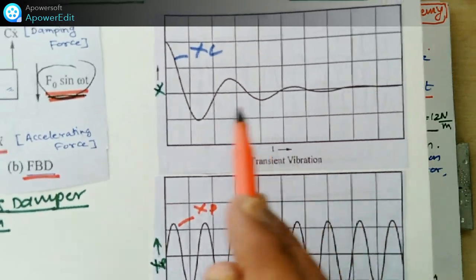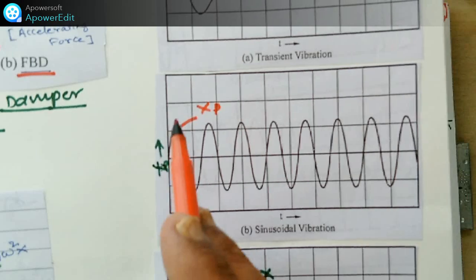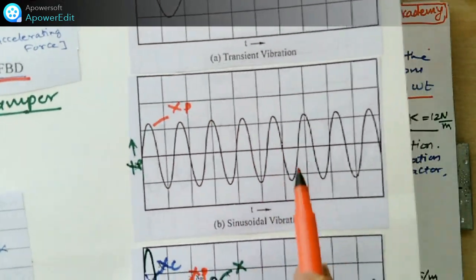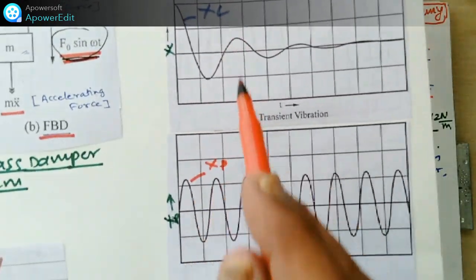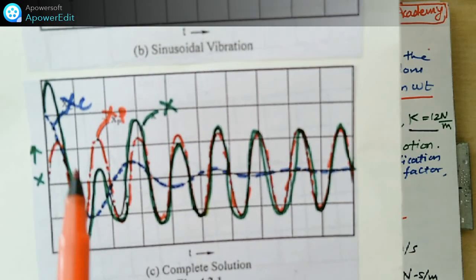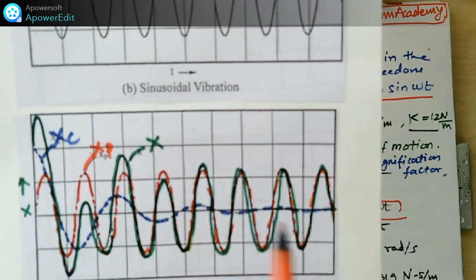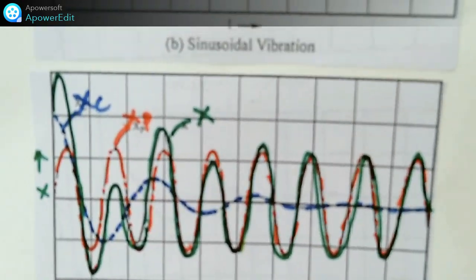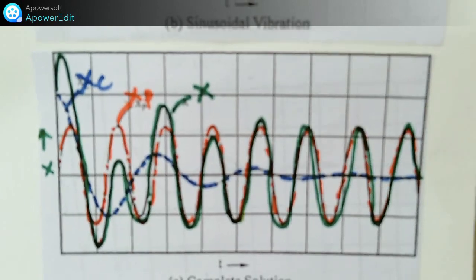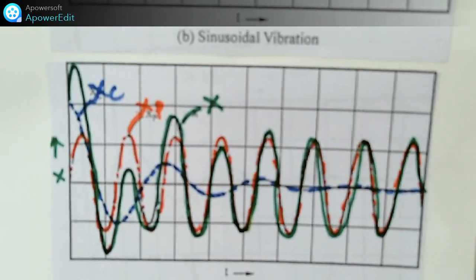And xp is a continuous harmonic motion. So the addition of xc plus xp gives the final solution like this. This is the complete solution with xc and xp, and the final x we obtain is the green line. You can take a screenshot also. xc is the blue line, xp the red line, and x is the final solution.